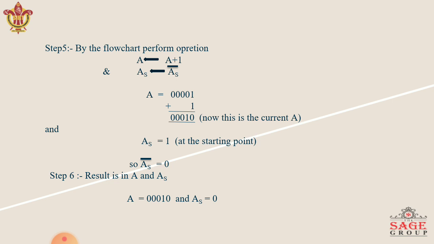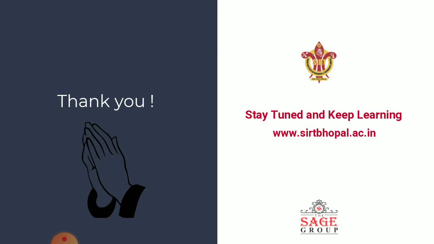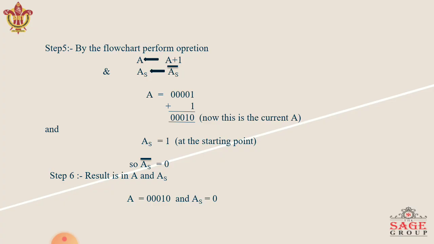Now according to the flow chart algorithm, just check the value because this is our result. So A equal to 00010 and AS equal to 0. Okay, so just check the answer in decimal.